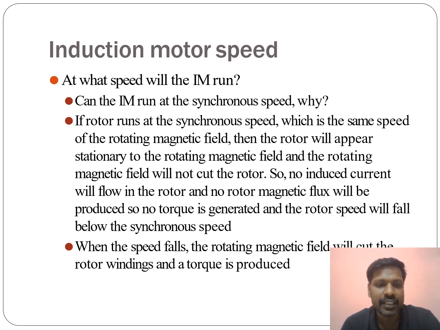No induced voltage would appear in the rotor, no rotor current would flow, and no torque would be produced. As a result, the rotor speed would drop below synchronous speed, again restoring some relative motion, induced voltage, rotor current, and torque. This shows that in steady state, a three-phase induction motor always runs at a speed slightly less than synchronous speed.